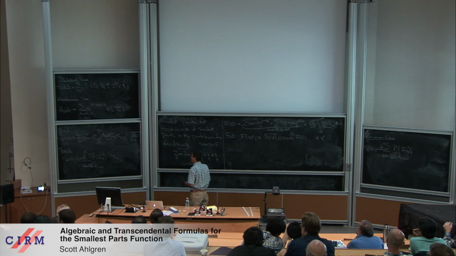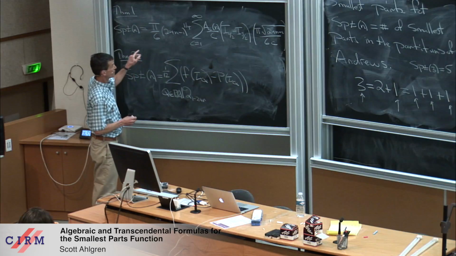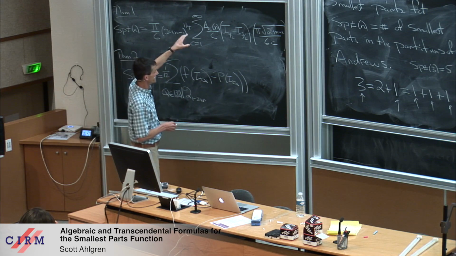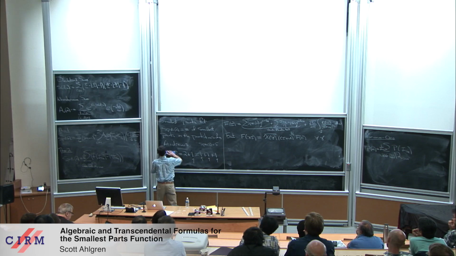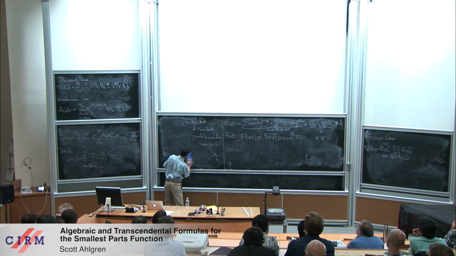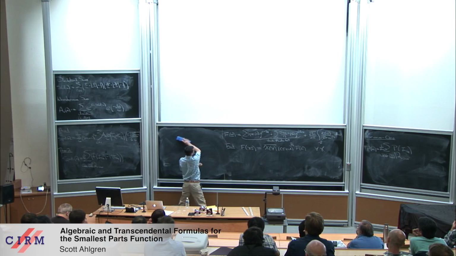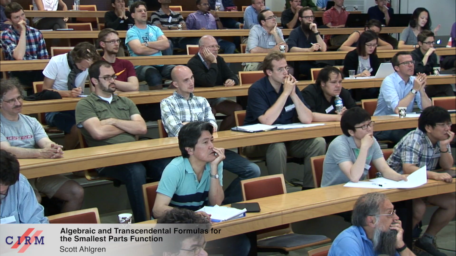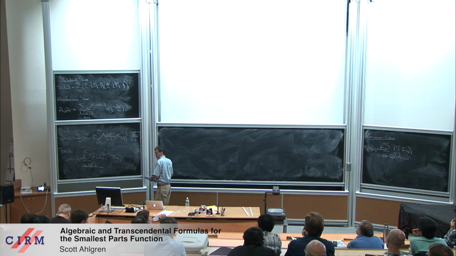So yeah, I want to say some words about the proofs. Before saying some words about the proofs, I want to talk about this: it is an infinite series and it should converge. So the question is about convergence.